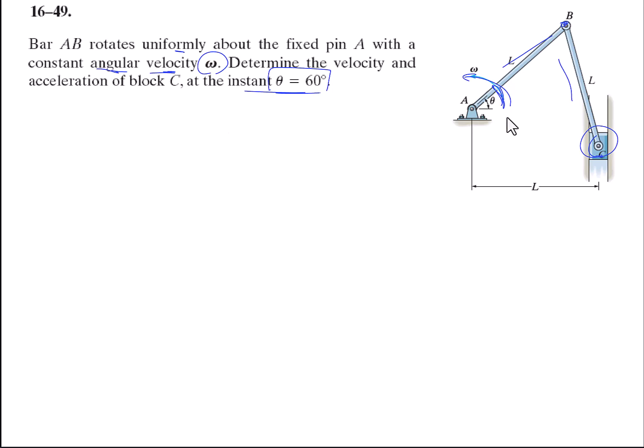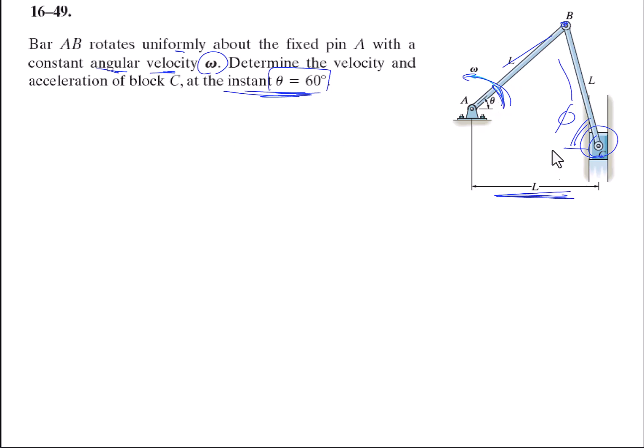First, from the geometry, we can draw this. When this is 60, we can say this is phi, and this is theta.